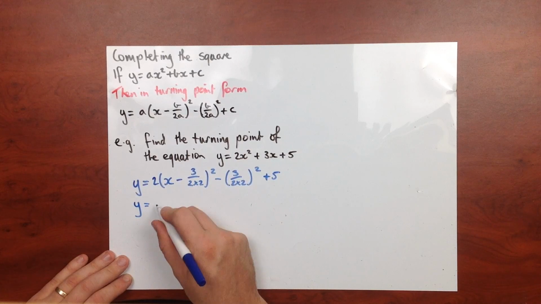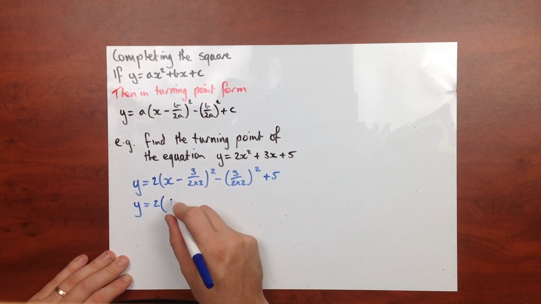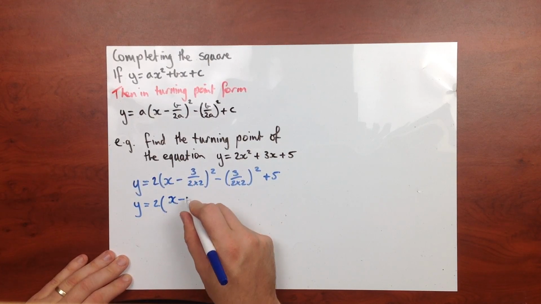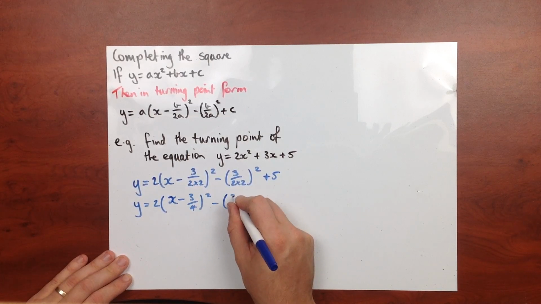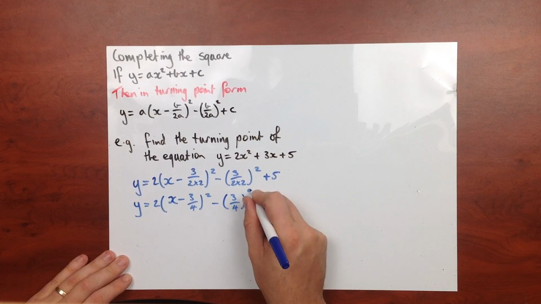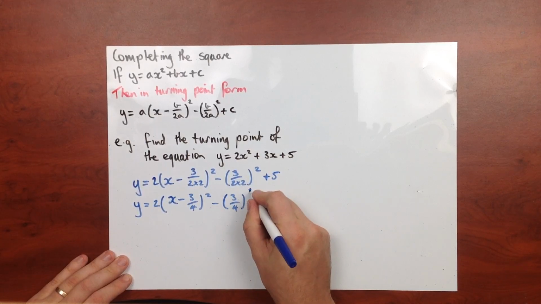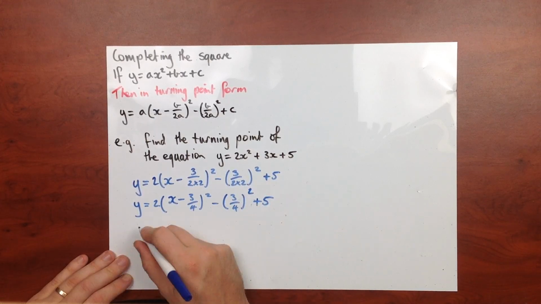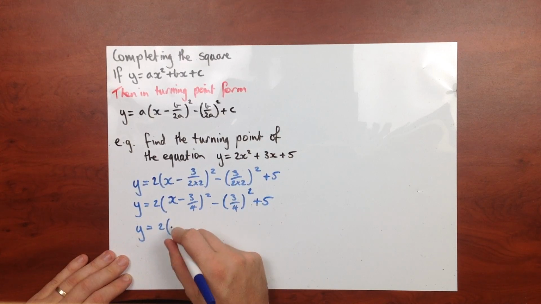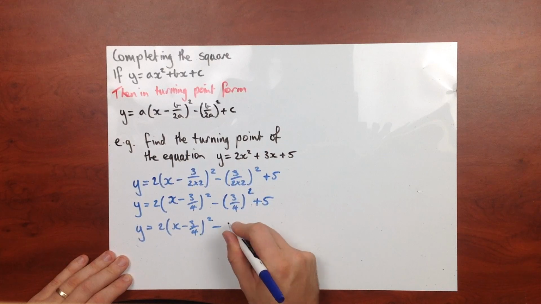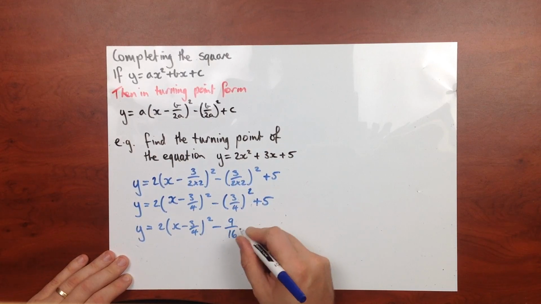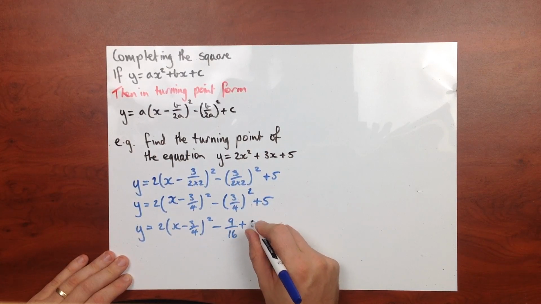Which means we can simplify this bit, and so we've got 2 outside of x minus 3 on 4, squared, minus 3 on 4, squared, plus 5. 3 on 4 squared is going to be 9 on 16, plus 5.